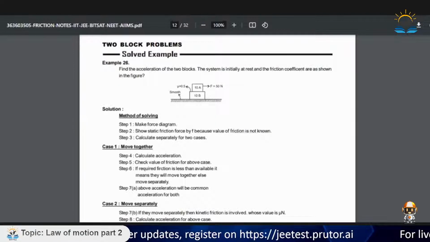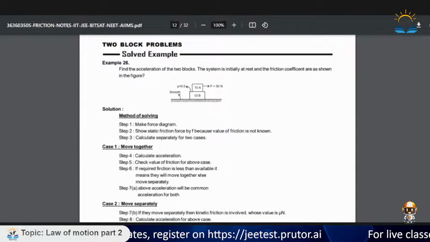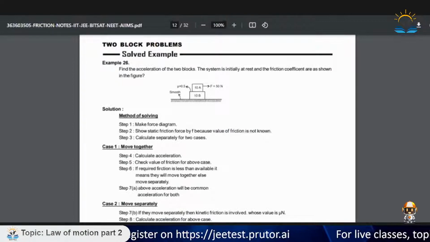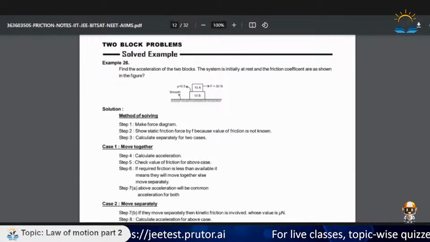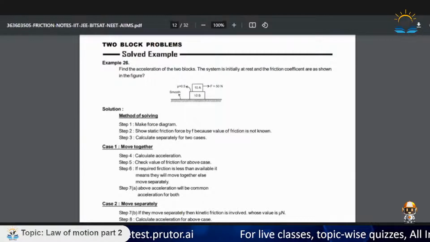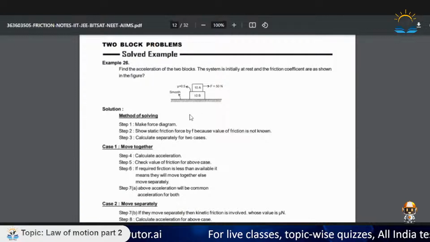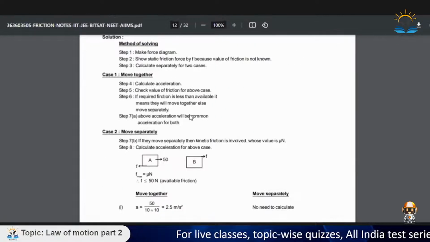So 0.5 into 100 newtons is 50. Since the friction's value here can be between 0 to 50, and the friction's value comes out to be 25 newtons, we say our case 1 is true. So we need not check case 2.